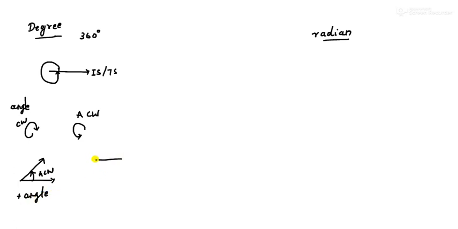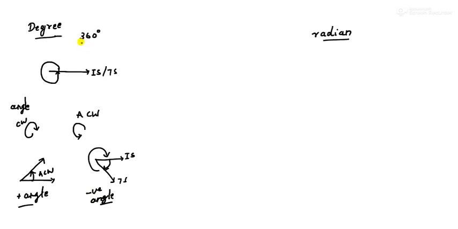And when it is measured in clockwise direction, like the initial side is here and this is the terminal side, so it is now moving in clockwise direction, then we call this a negative angle. This thing you have to remember.